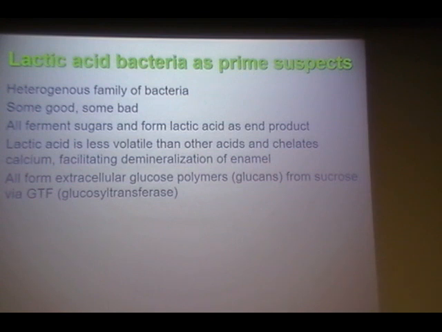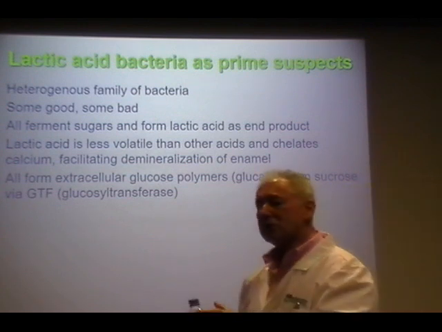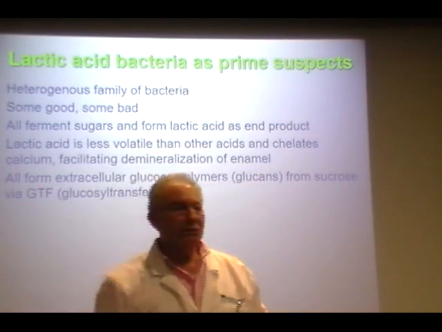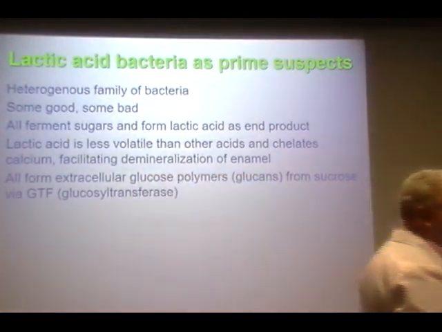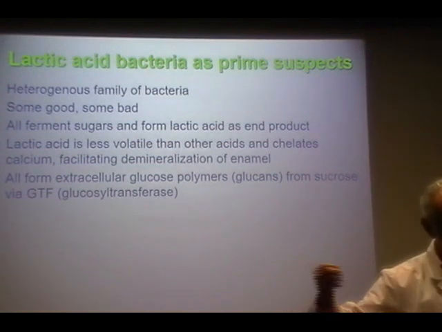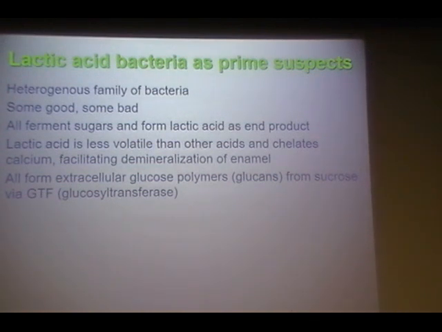And they do this through the activation of GTF, or glucosyltransferase. Now there is something called fructosyltransferase, which will cleave sucrose and generate chains of fructose. And there is glucosyltransferase, which will do the same thing for glucose. Okay?